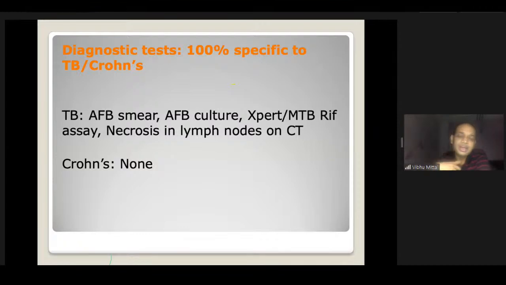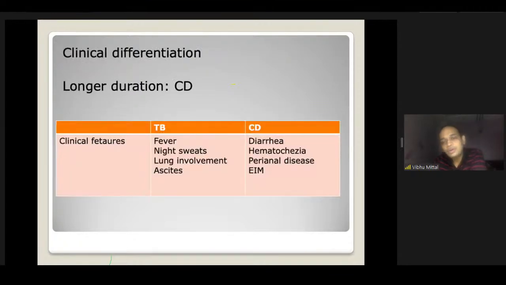For tuberculosis, we have AFB smear, AFB culture, gene expert, or necrotic lymph nodes on CT, or caseous necrosis. But the problem is most of our patients would not be positive on these parameters. So what do we do? We try to differentiate these, and I'll be taking you through this differentiation step by step.